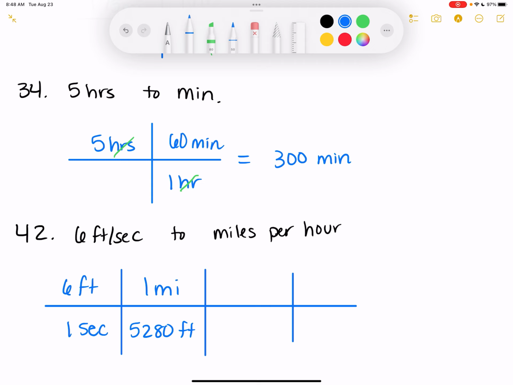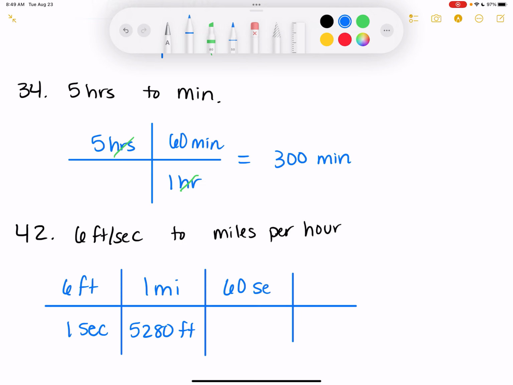Okay, so I have converted from feet to miles, so that part's taken care of. Now I need to go seconds to hours. So, what's a conversion factor? This is going to be a 2-step conversion. So what is my next conversion on my way to hours? 60.